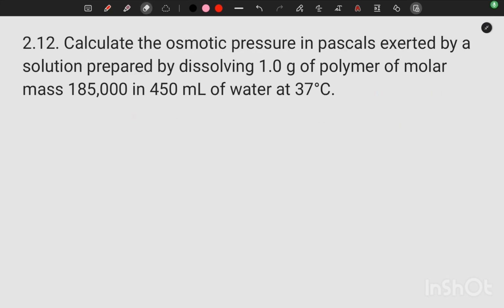The osmotic pressure in Pascal exerted by a solution prepared by dissolving 1 gram of polymer of molar mass 1,85,000 in 450 ml of water at 37 degree Celsius. So osmotic pressure formula pi is equal to CRT, where C is molarity, that is number of moles divided by volume of solution in liters.